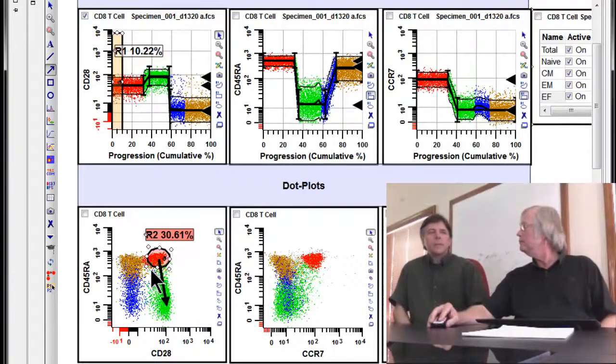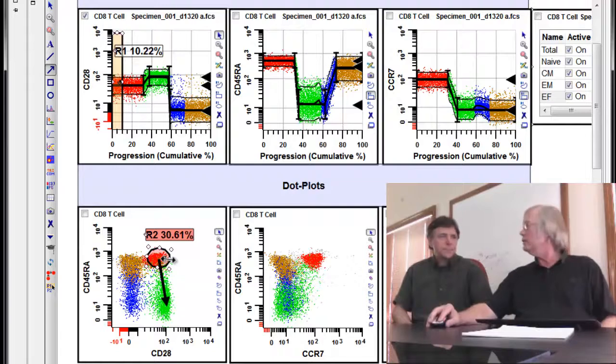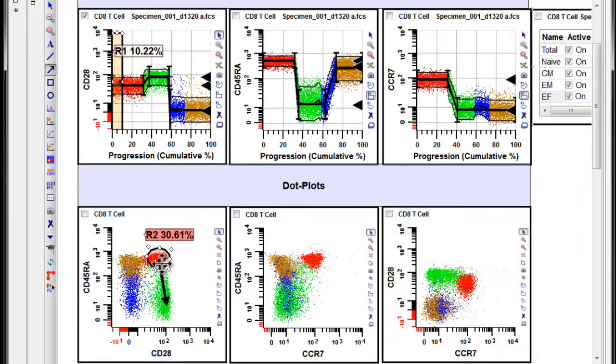Okay, I see. And I can see that in the dot plots, there are a lot of places where there's overlapping colors that would make it difficult to circle those with a region. That is another advantage of the modeling, is that it works out the overlap between these various stages or populations, which is very important. Cool.